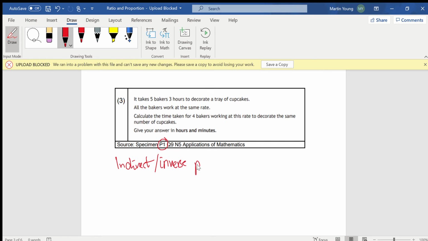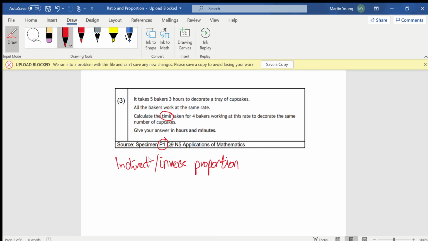An indirect or inverse proportion question is one where, as one value goes up or down, the other one does the opposite. So as we're decreasing the number of bakers, the time should go up, whereas in direct proportion, both go up or both go down.